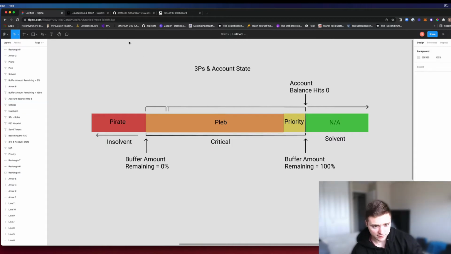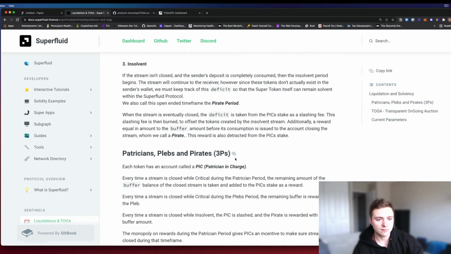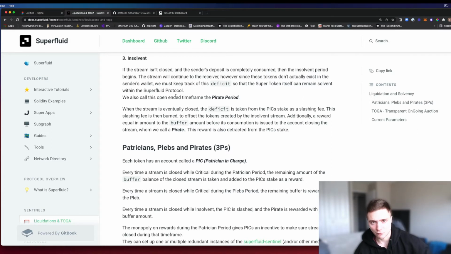The third period, the period we'd like to avoid, is the insolvent period, or the insolvent state, okay? This is a bit of an open-ended time frame. But what it means when an account is insolvent is that the entire buffer has been used to keep the stream open. So the entire 4-hour buffer is gone, and now we really need a sentinel to close the stream.